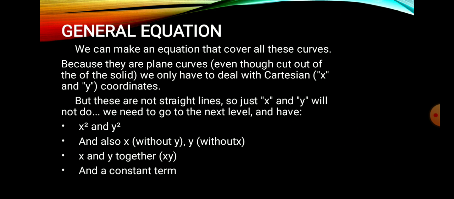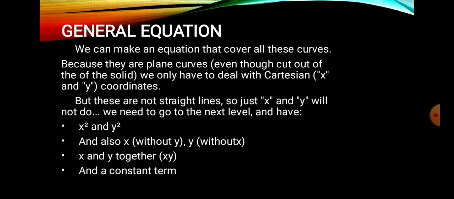The general equation. We can make an equation that covers all these curves because they are plane curves. Even though they are cut off a solid, we only have to deal with Cartesian x and y coordinates, but these are not straight lines, so just x and y will not do. We need to go to the next level, and we have x squared and y squared, and also x without y and y without x.